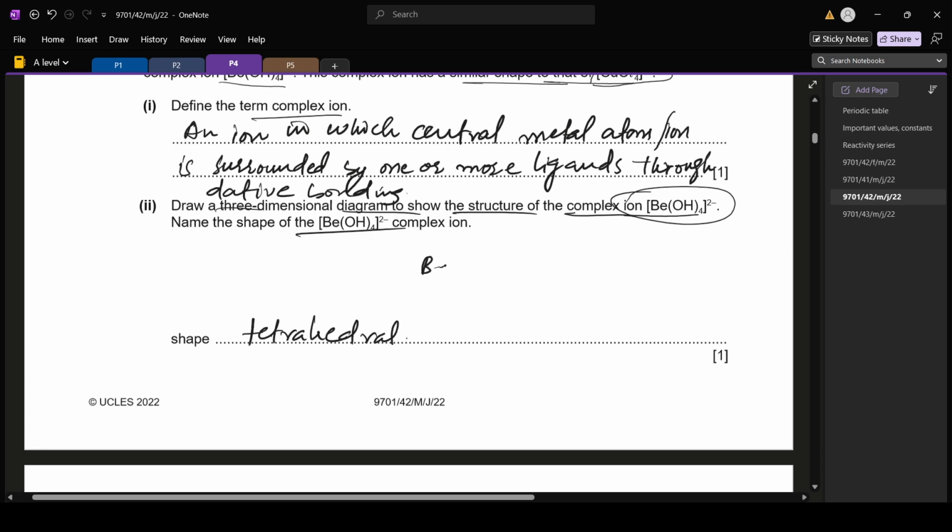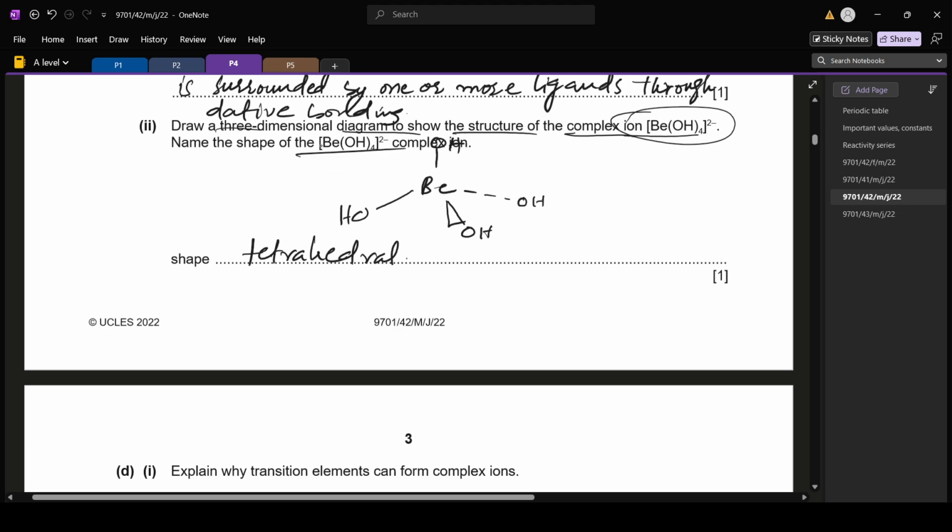So it's beryllium, and you have to draw a three-dimensional diagram, like this. This is how you draw a tetrahedral structure. So that's your three-dimensional diagram.